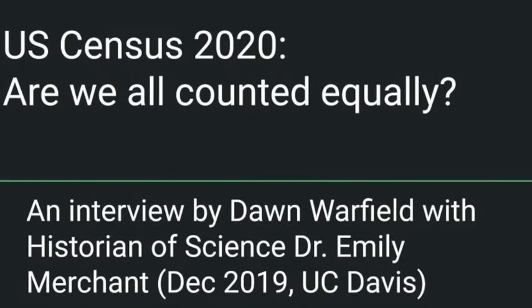But white was never defined. So people from different parts of the world would petition to naturalize, and if they were allowed to naturalize, people from that part of the world were then considered white.